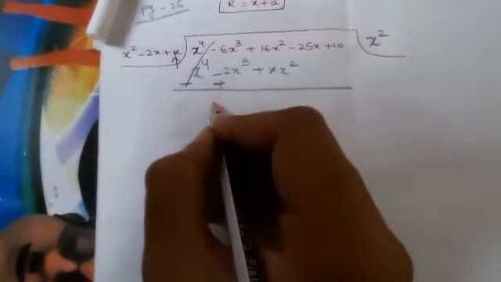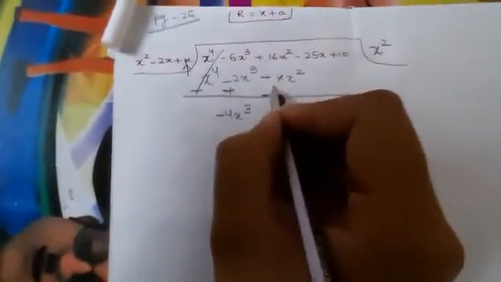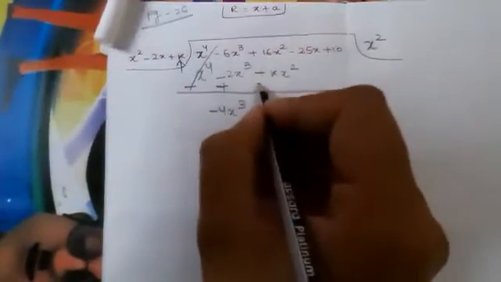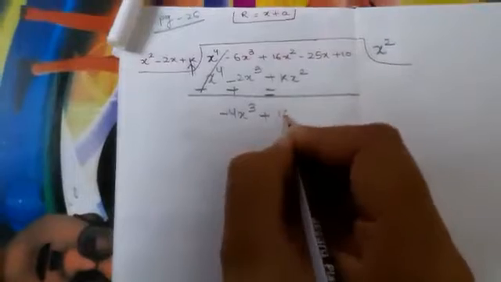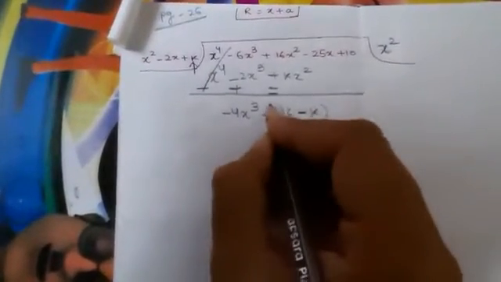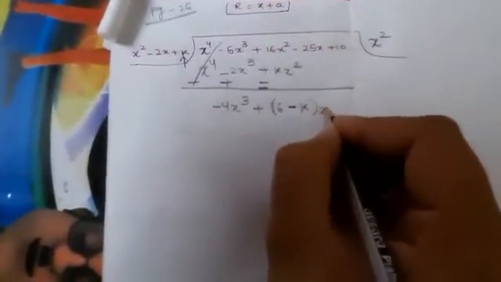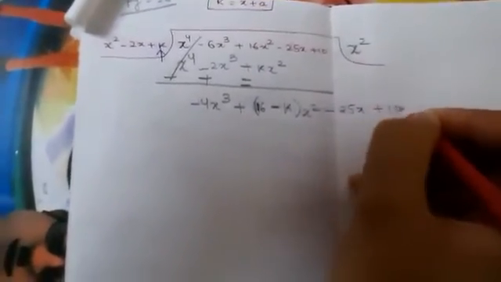Minus 6 plus 2 gives you minus 4. Change of sign. So it gives you 16 minus k. So it is plus 16 minus k, and x square I am taking common. So it is 16 minus k x square. Rest of the terms as it is, that is minus 25x plus 10.